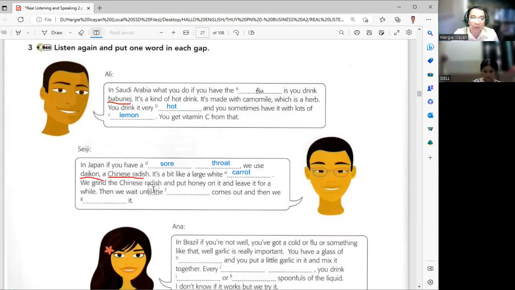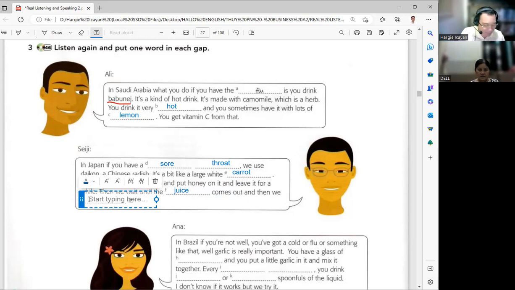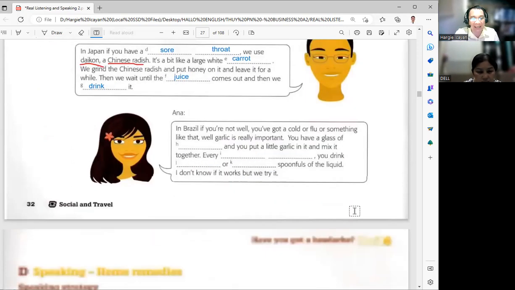We grind the Chinese radish and put honey on it and leave it for a while. Then we wait until the juice comes out, and then we drink it. I don't know what the taste of this is. Okay, next, let's continue.